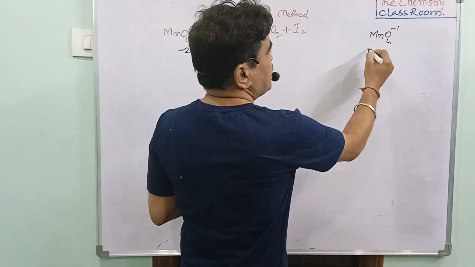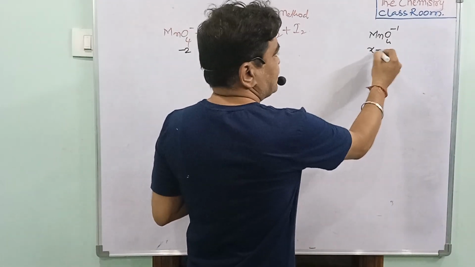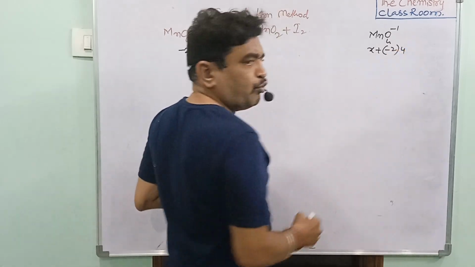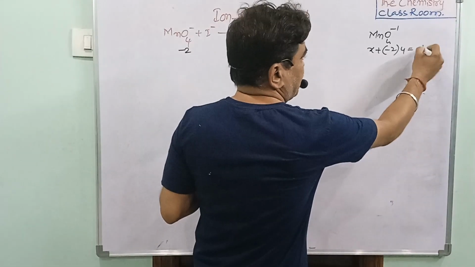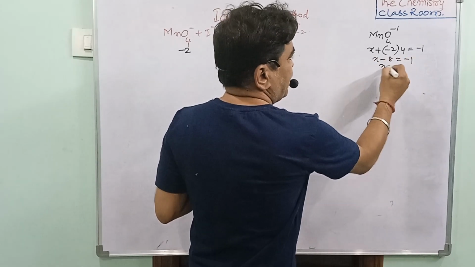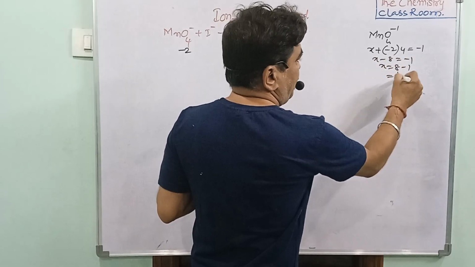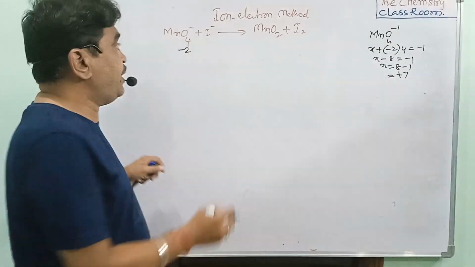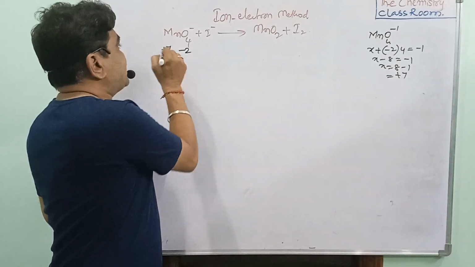Manganese you don't know, so x plus oxygen, which is always -2, and how many oxygens do you have? 4. That equals -1. So x minus 8 equals -1. From here x equals 8 minus 1, which is +7. So the manganese oxidation number in this reaction is +7.